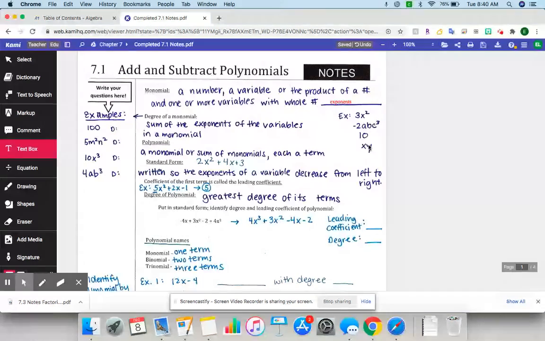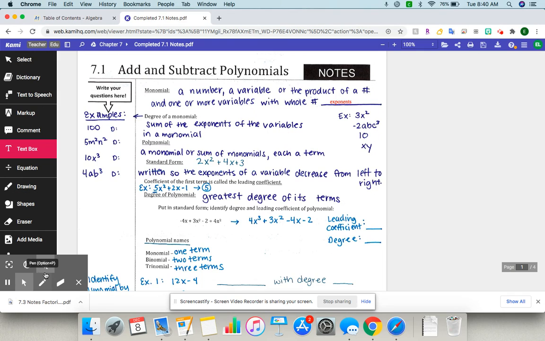As you can see, here are 4 examples: 3x squared, negative 2abc cubed, 10 is considered a monomial, xy is considered a monomial. What you don't see here is any addition or subtraction operations, because remember, addition or subtraction would indicate more than one term. So again, a monomial only has one term, hence the prefix mono.